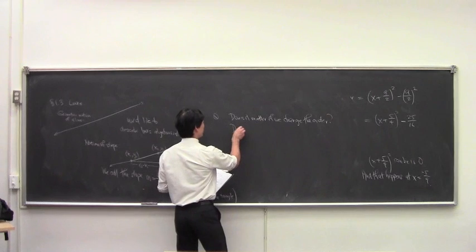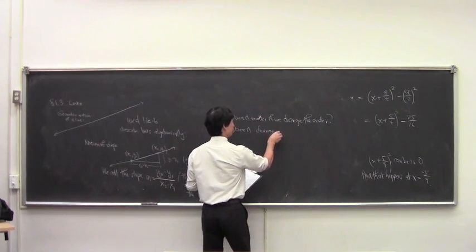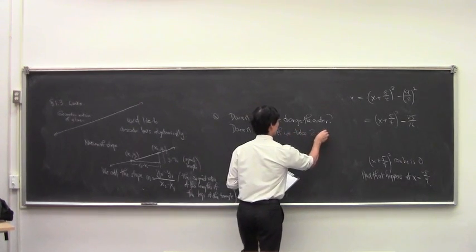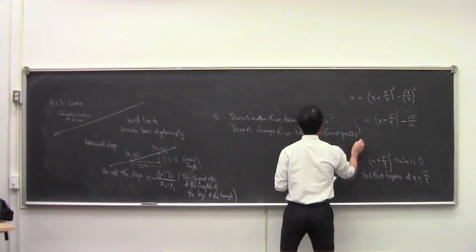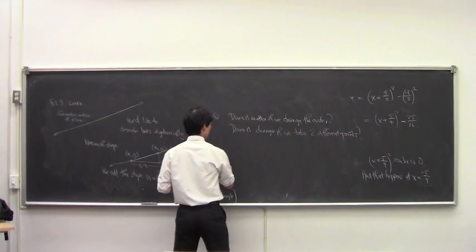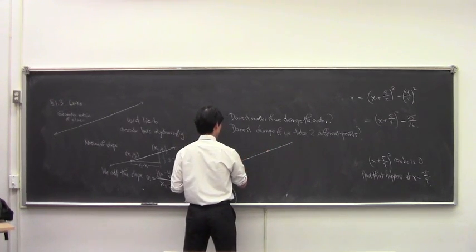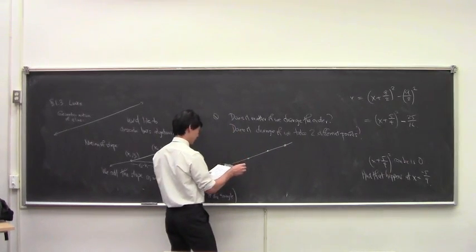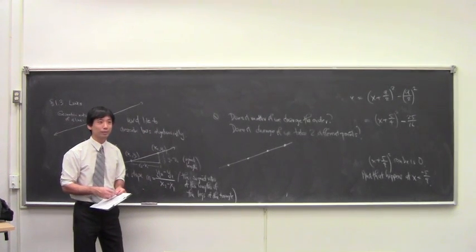Does it matter if we take 2 different points? Here are our first 2 points, suppose we take instead these 2 points. Does it matter? No. Why not? Why is the ratio the same?